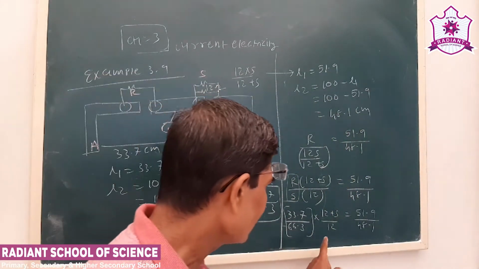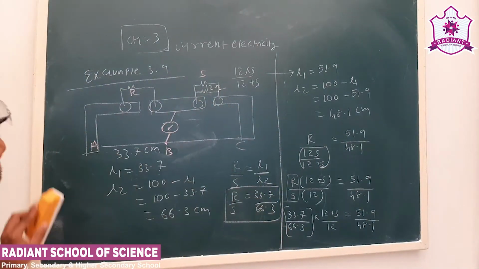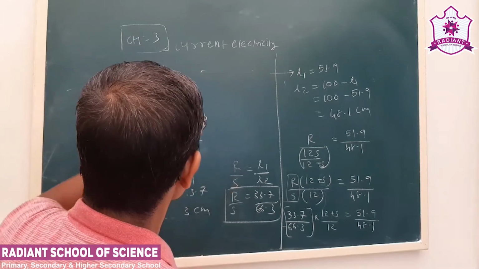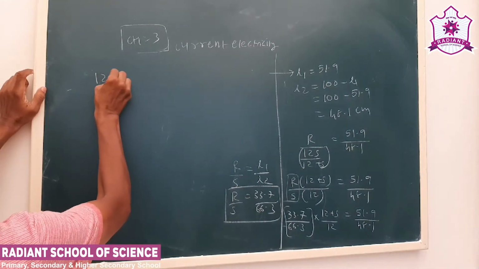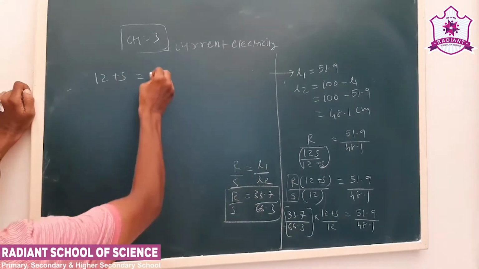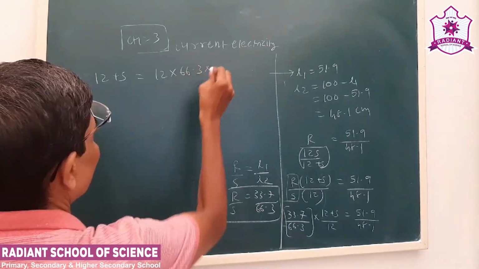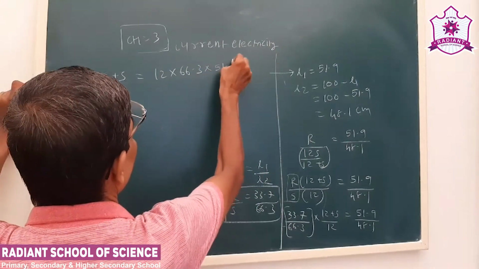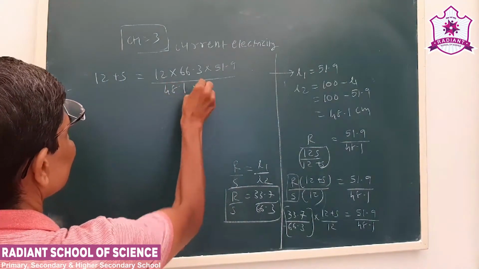Now this I take in the numerator, so this 12 will move here, and this also moves to the right hand side in the numerator.